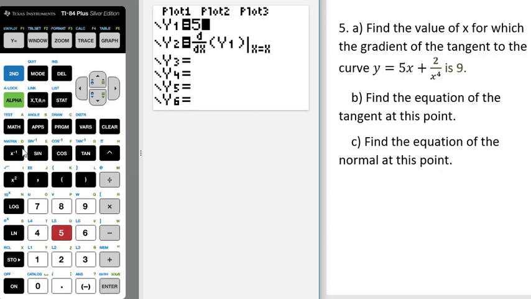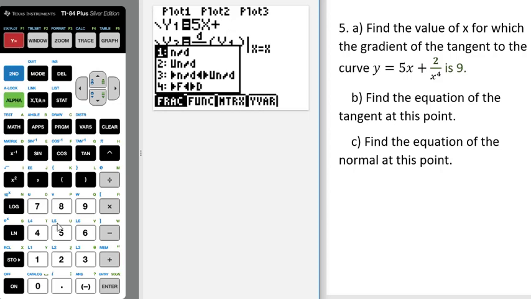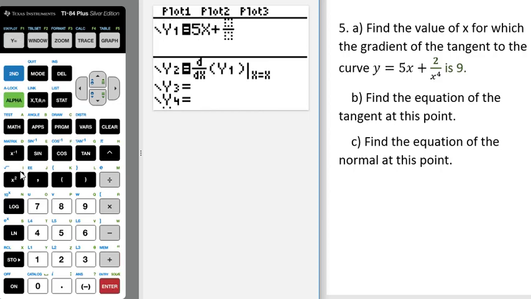So we have 5x plus alpha y equals, we get the fraction form. That is 2 over x to the 4th power. So y1 is the original function, y2 is the derivative function.